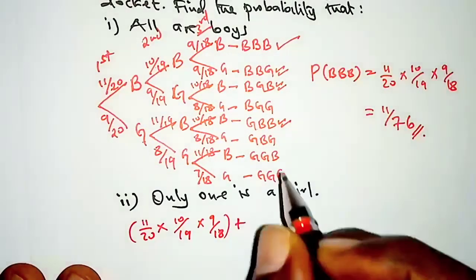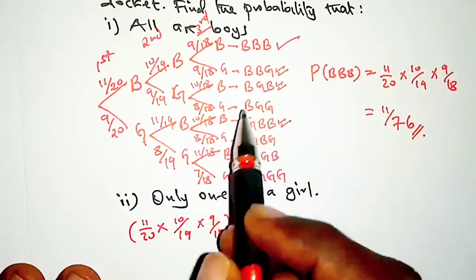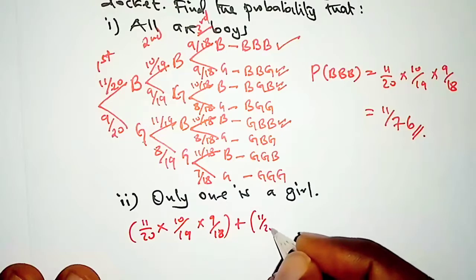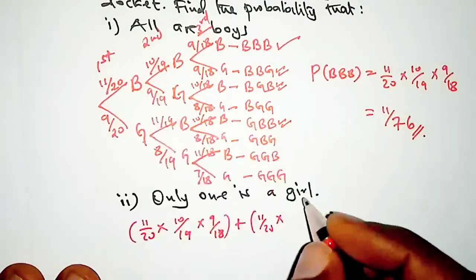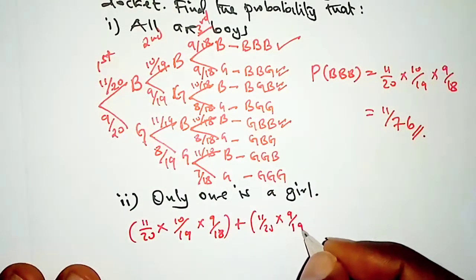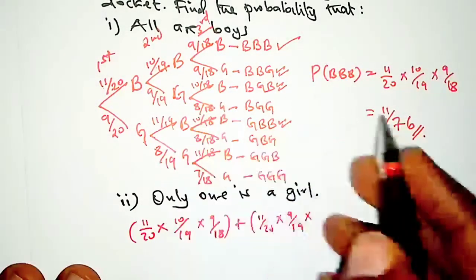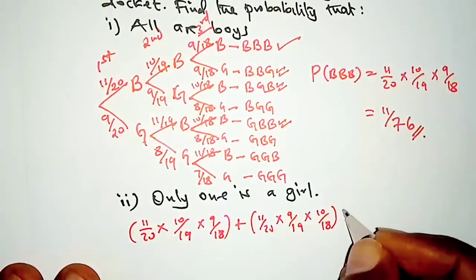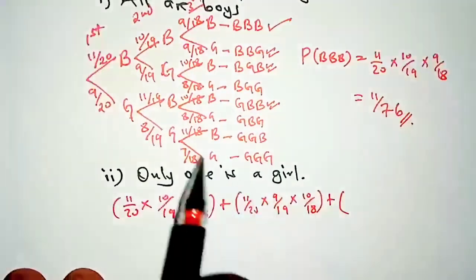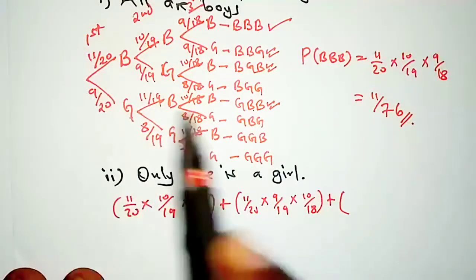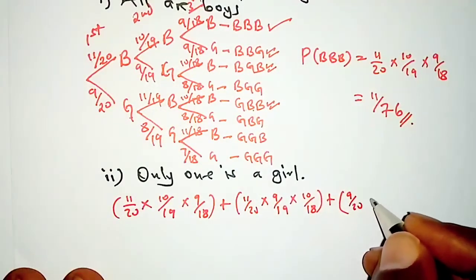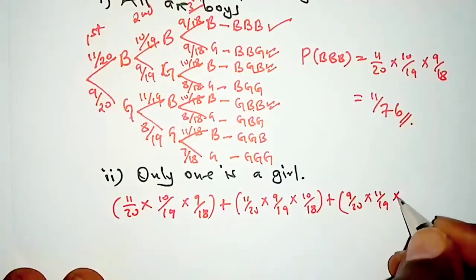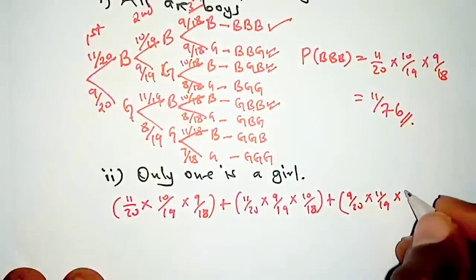And then we'll add that to the probability of this, of which we follow this path, 11 over 20 times 9 over 19 times 10 over 18. And we'll add it to this case here, 9 over 20 times 11 over 19 times 10 over 18.